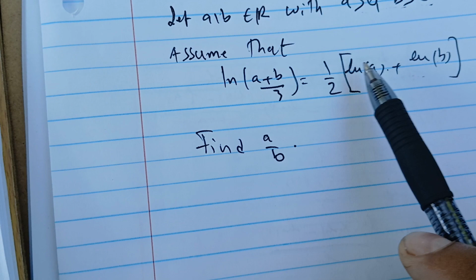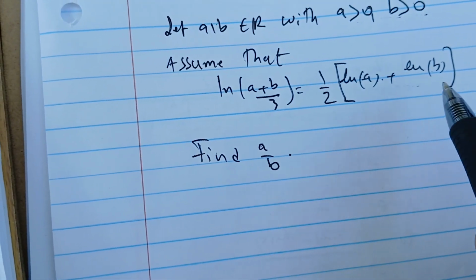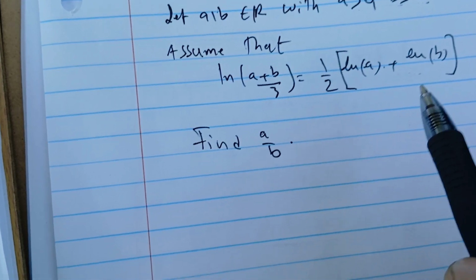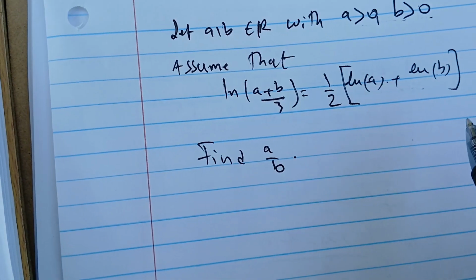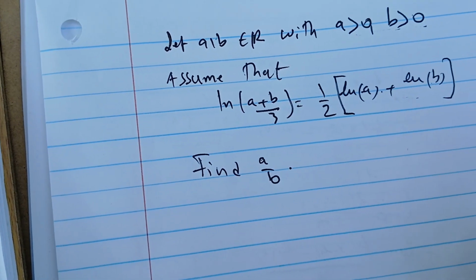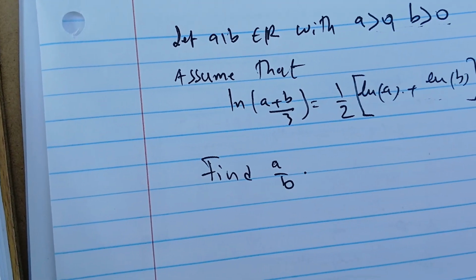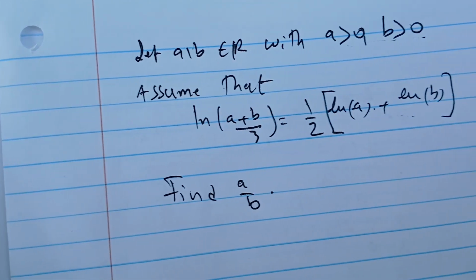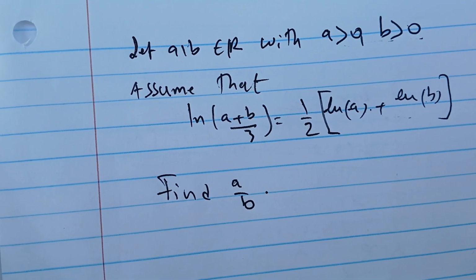After that, we know that the log is an increasing function and it's injective. We can use that fact to equate both sides and solve for a over b once we know how to scale b to make it appear in the right side product. If you want to try it yourself, stop the video and work it out.